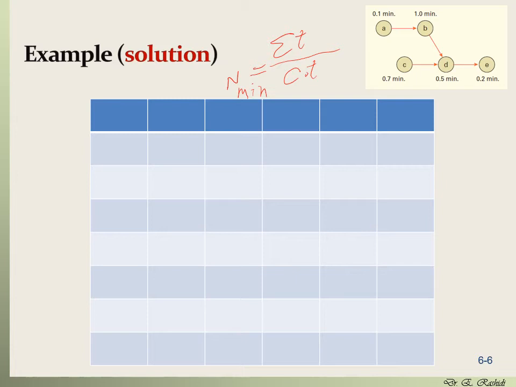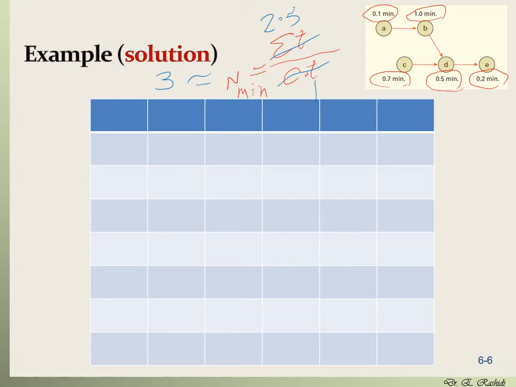The summation of processing time is 0.1 plus 1 plus 0.7 plus 0.5 plus 0.2, which equals 2.5 minutes. Dividing by the cycle time of 1, the theoretical minimum number of workstations is 2.5, but we need to round it up because 2.5 workstations doesn't mean anything. So the number of workstations is 3.